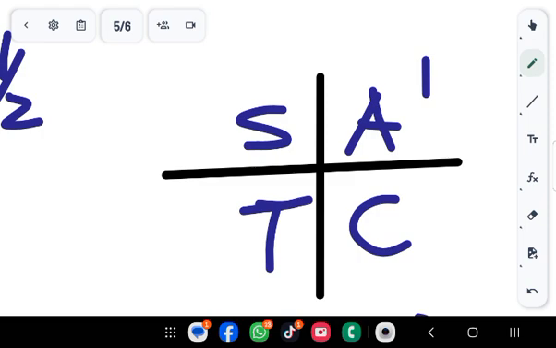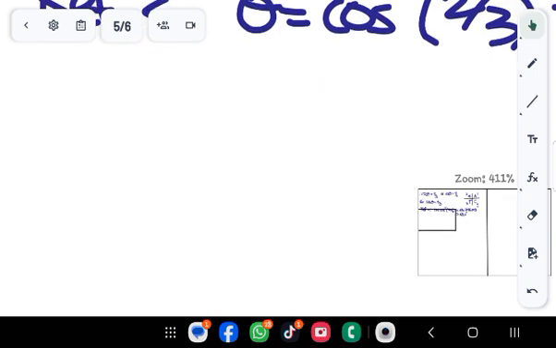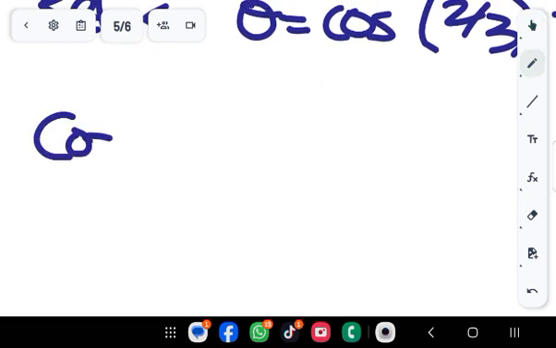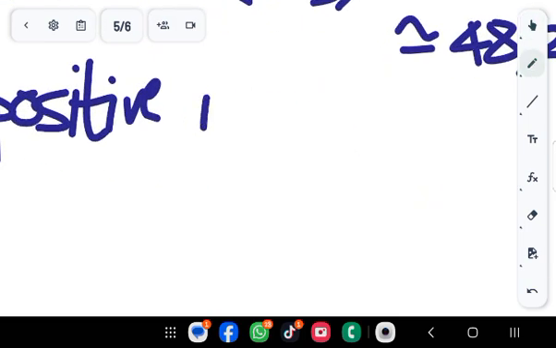Let's number them so you can see. Cos is positive in quadrant 1 and 4.